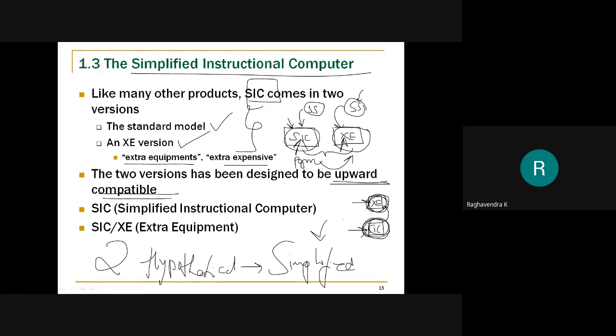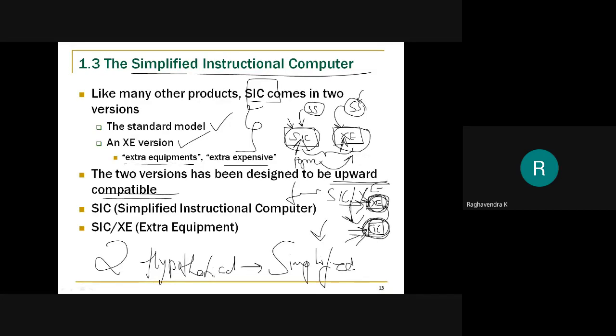So executing a program that is written for SIC on SIC/XE makes it upward compatible. But it's not downward compatible. Downward compatible means the exact opposite. You have written a program for SIC/XE by making use of the features that are present in it.